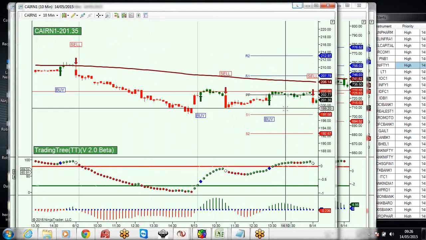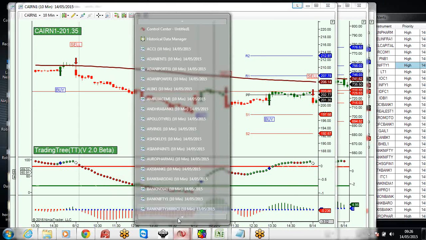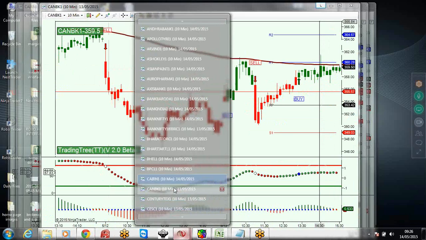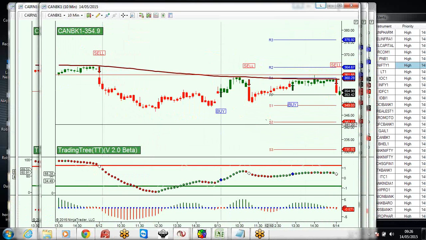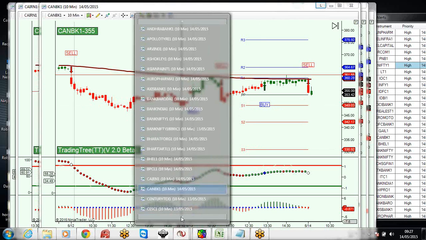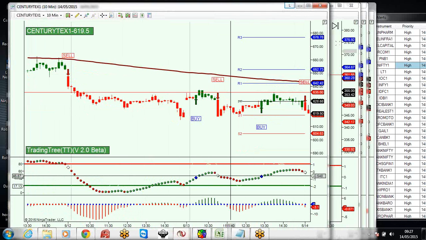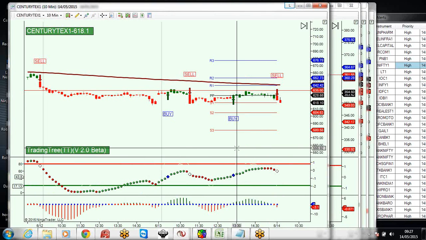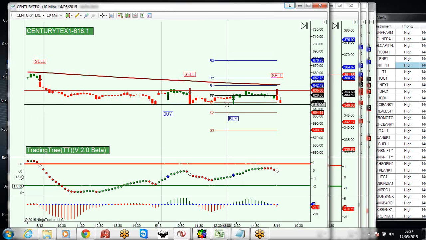Indigo, you can short it at 199.20. Century Textiles, you can short it at 615.90.